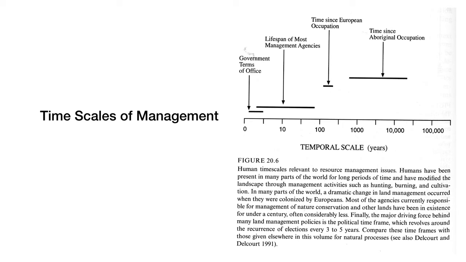The government terms of office is actually a very important one. I've given it some thought, but not enough. And the important thing here is that many of these timescales are very short compared to the natural processes that we're trying to engage with.